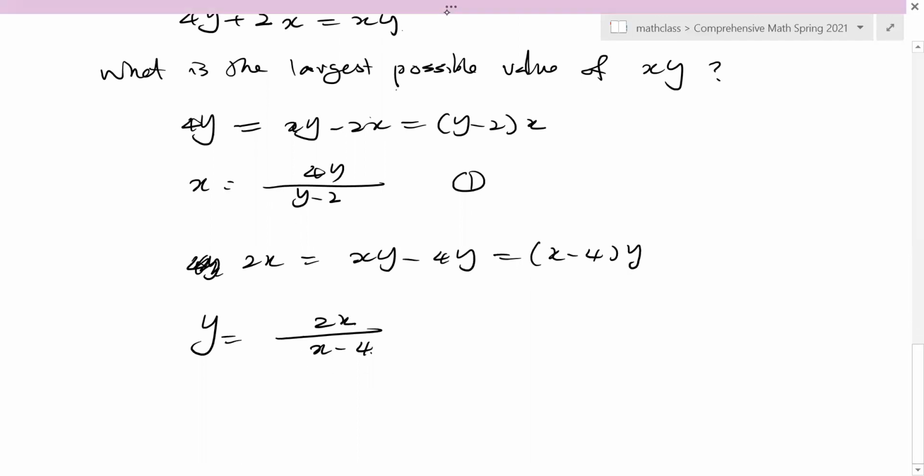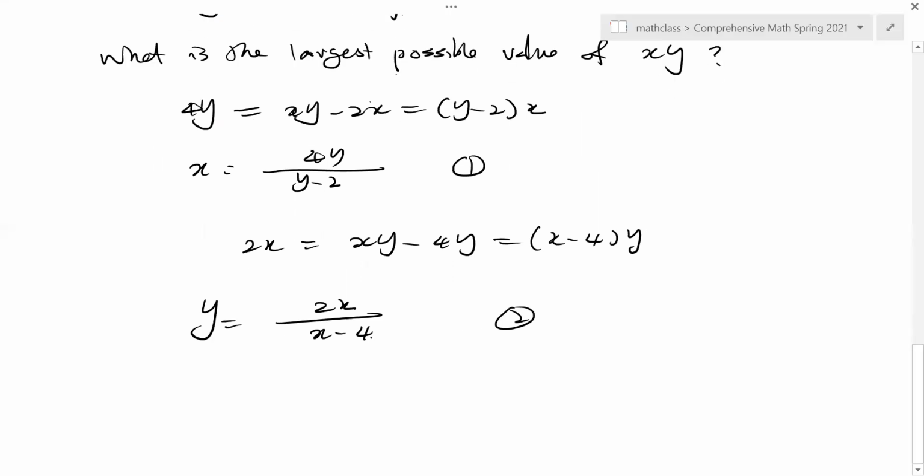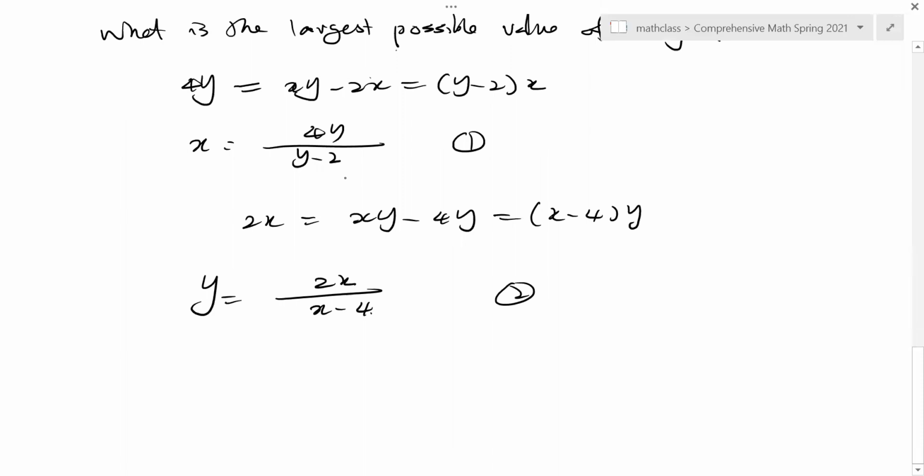Now, since y is a positive integer, from here I can tell y should be greater than 2, and here x should be greater than 4. So clearly, y is greater than 2 and x is greater than 4.